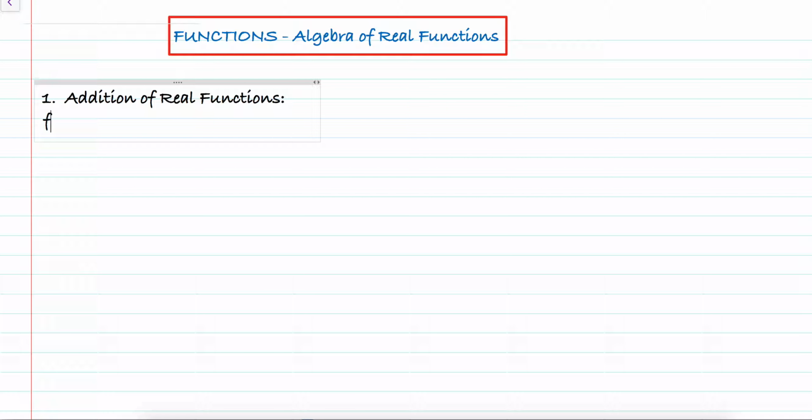So if we have a function f, and its domain is set X and range is the set of real numbers, and we have another function g from X to R. Here R is the set of real numbers.